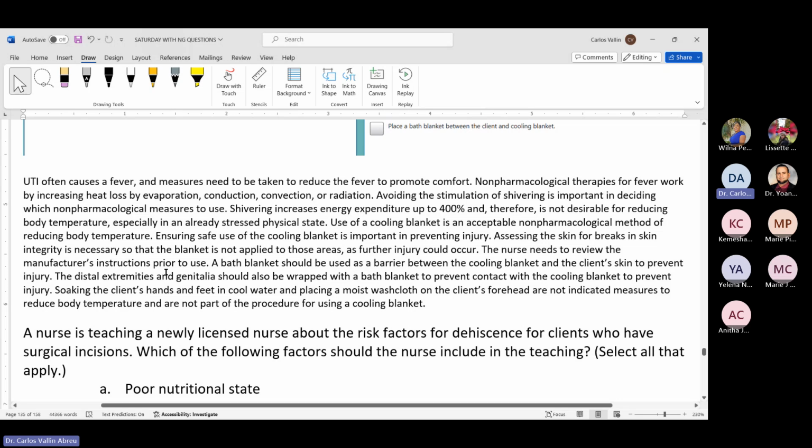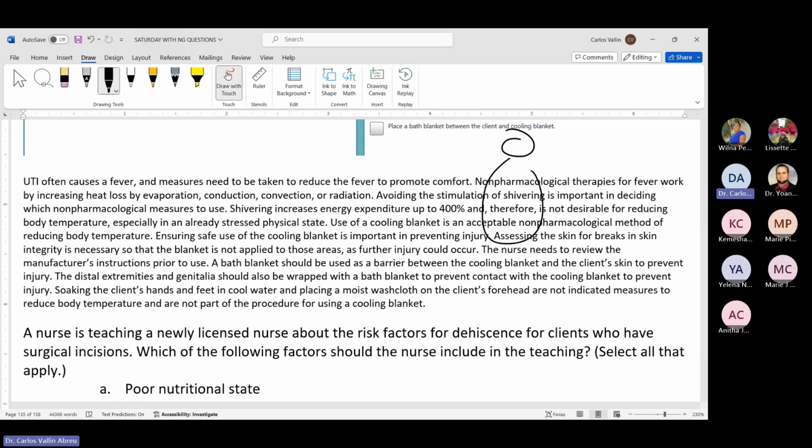It's important that this cooling blanket should work on the core temperature, and the core temperature is in the trunk. So the extremities are not going to benefit from this cooling, because it's going to cause more vasoconstriction and more ischemia of the extremities.